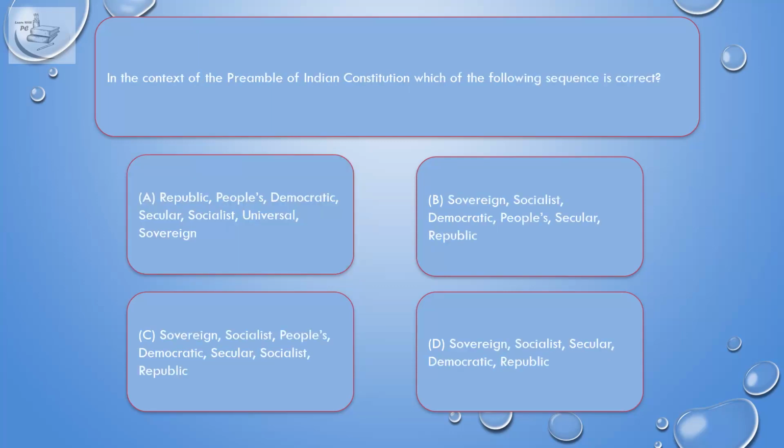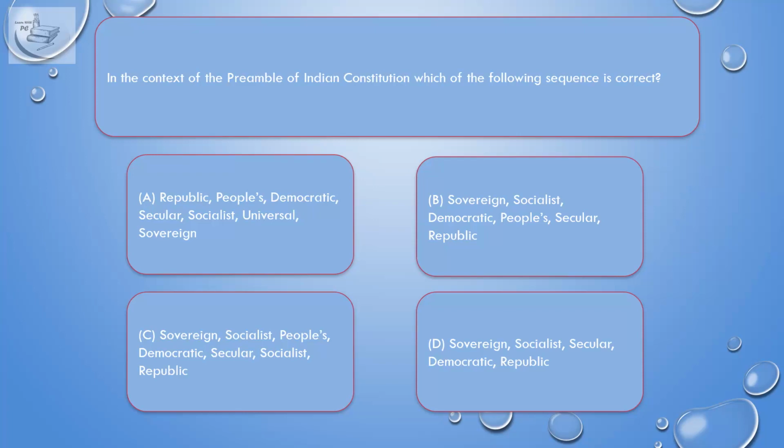Question: in the context of the preamble of Indian Constitution, which of the following sequence is correct? A. Republic, People's, Democratic, Secular, Socialist, Universal, Sovereign. B. Sovereign, Socialist, Democratic, People's, Secular, Republic.